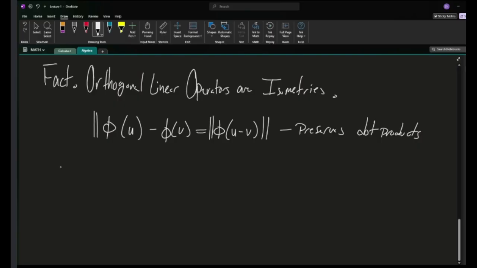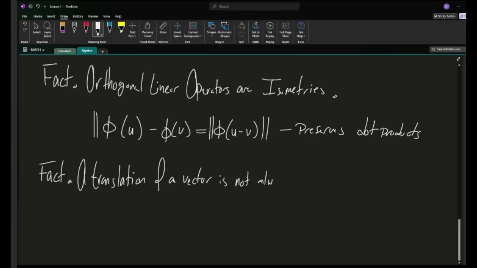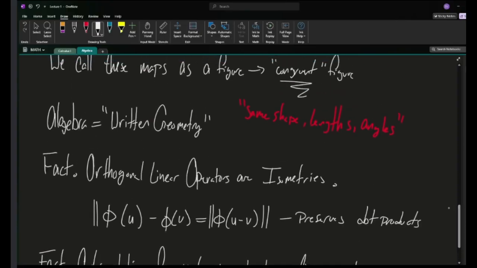So I guess write this as a fact: a translation of a vector is not always a linear operator, because we don't always have the fact that it's going to be mapping a figure to a congruent figure.